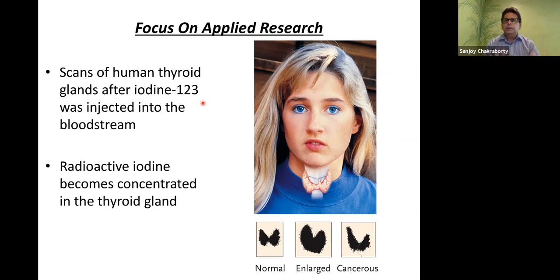And without going into very much detail, that energy can be scanned by a scanner outside of your body, and it can give you this kind of computer imaging. Looking at those images, doctors can literally figure out the condition of a thyroid gland. That's one way of studying.